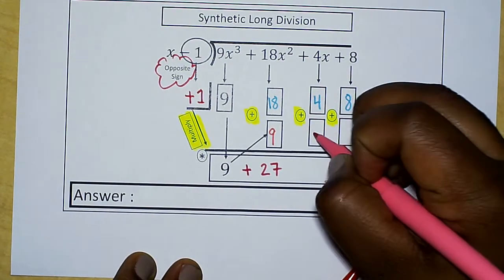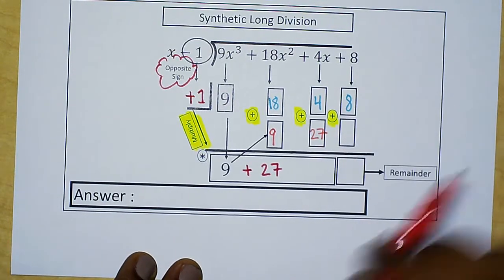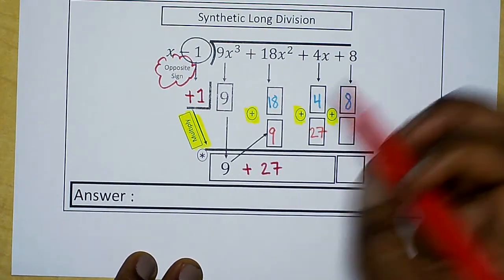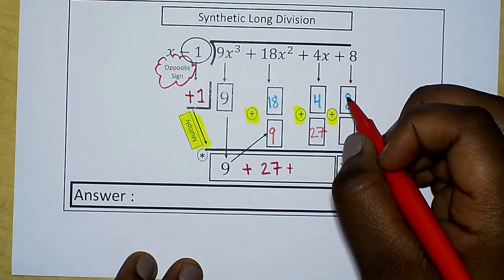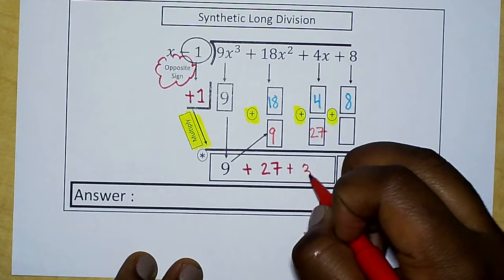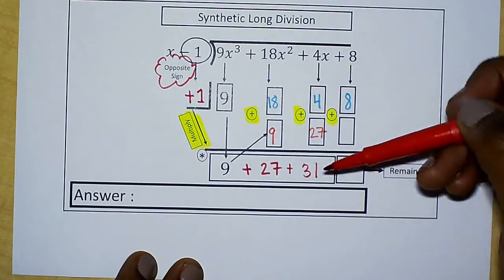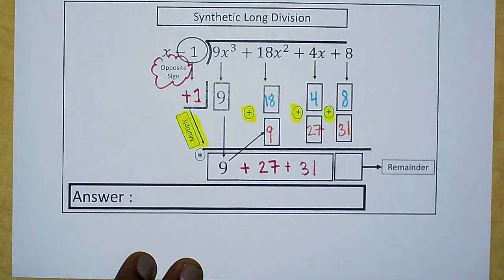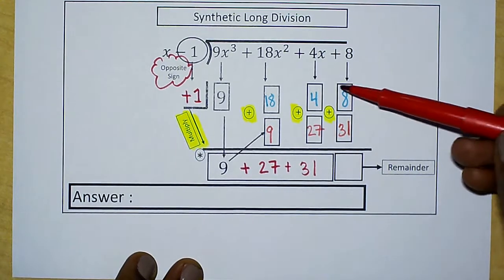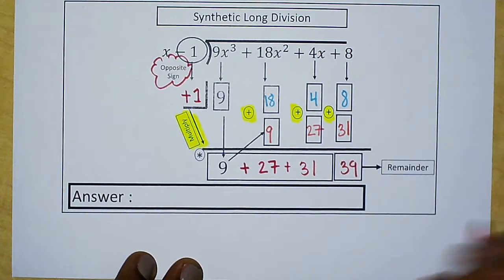That's 27. And 27 plus 4 is 31. Now I'm going to do 1 times 31 is 31. And 8 plus 31 is 39.